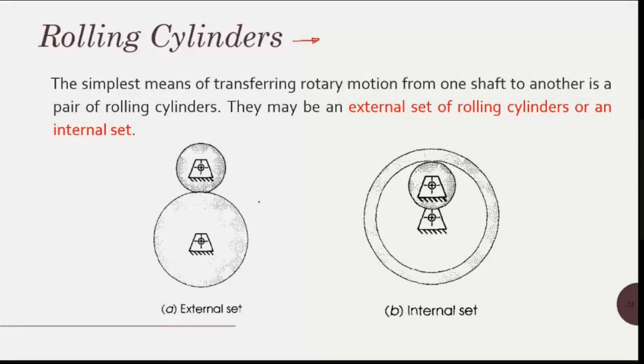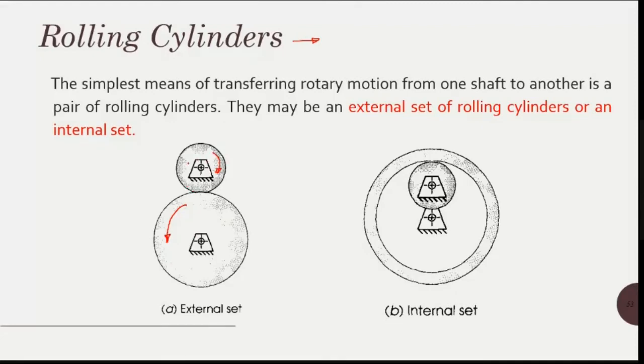This type of gear is used when you require a particular direction. For example, if I consider this as the driving shaft rotating clockwise, your driven shaft will rotate anti-clockwise. So you have opposite direction of speed.